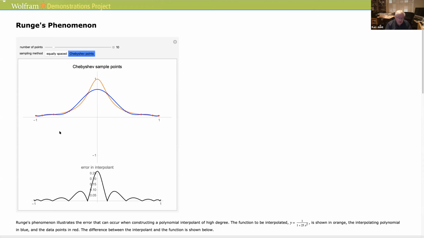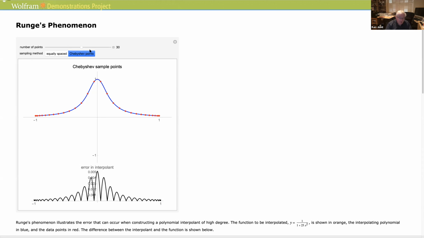And what you see is that the Chebyshev zeros, the points you're using for the interpolation, seem to be concentrated more towards the ends, not so much in the middle. And then go up more to, let's say, 20. Boy, that looks nice. And down here, you see that the error is 0.04 at most.